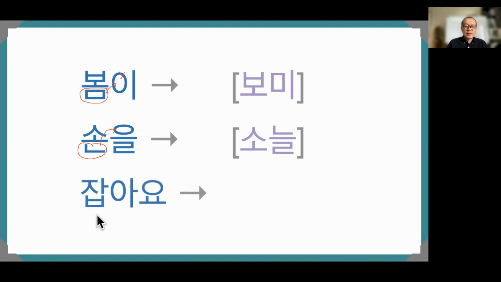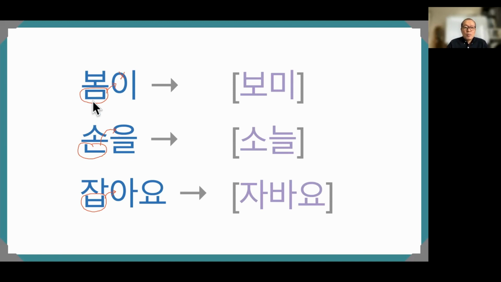Next one. 잡아요. You can see here, this syllable ends in a final consonant, and the next syllable starts with an empty consonant. So this final consonant is shifted to the next syllable. So how can you pronounce this one? 잡아요. Okay, let's practice reading one more time.